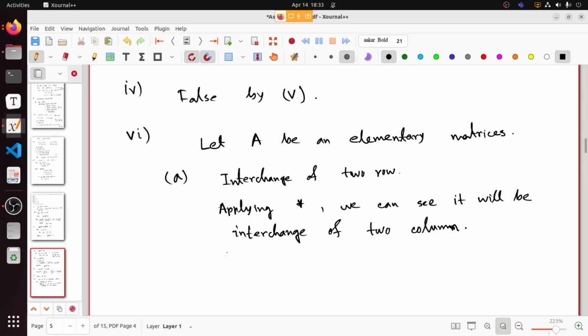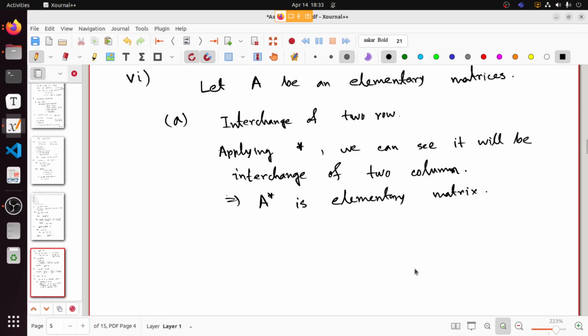So which implies A star is an elementary matrix. Right, because A is the interchange of two rows from the identity matrix, therefore A star will be the interchange of two columns from the identity matrix, therefore it is again an elementary matrix.